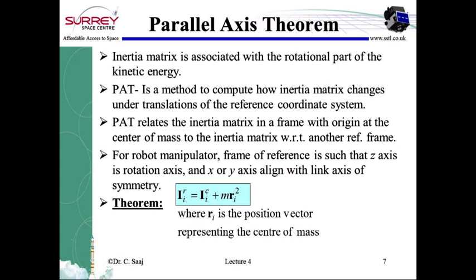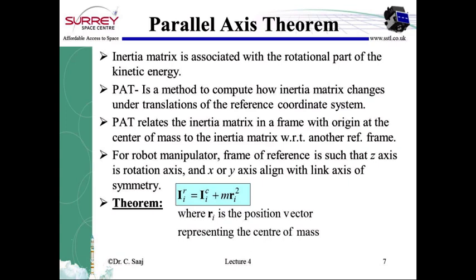The parallel axis theorem is used to find how the inertia matrix changes under translation of the reference coordinate system. Let me repeat that. So we use the parallel axis theorem to find how the inertia matrix will change if the reference coordinate system undergoes translation.